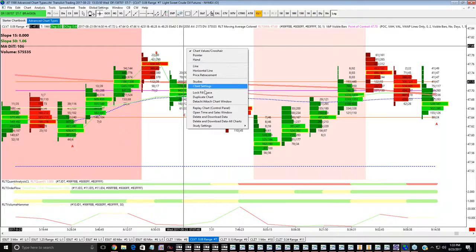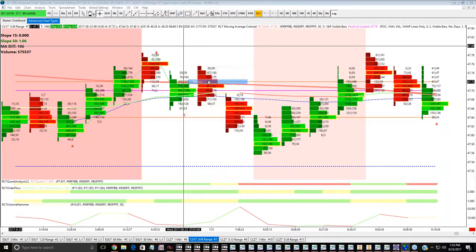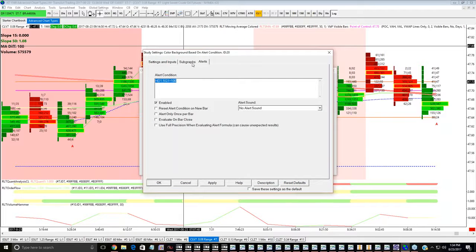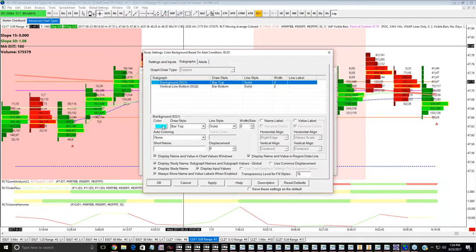Now we determine the color. It's all up to us. I haven't picked a color yet. Oh, here it's cyan.